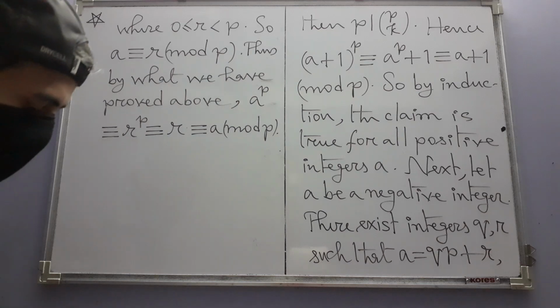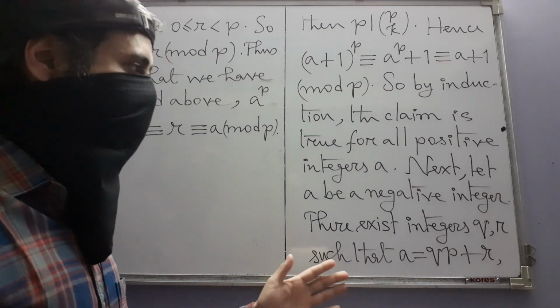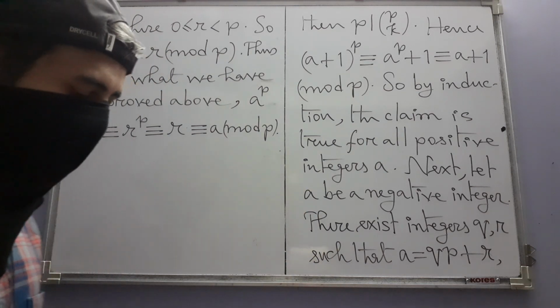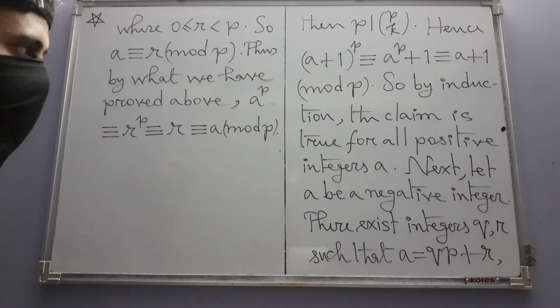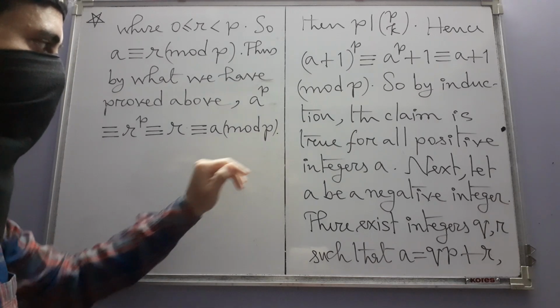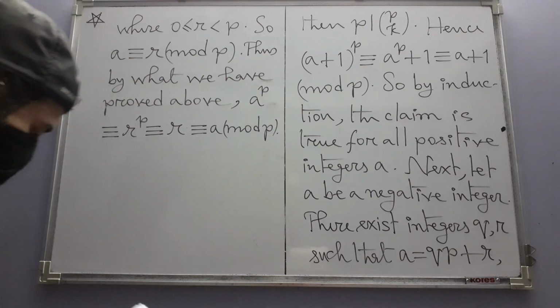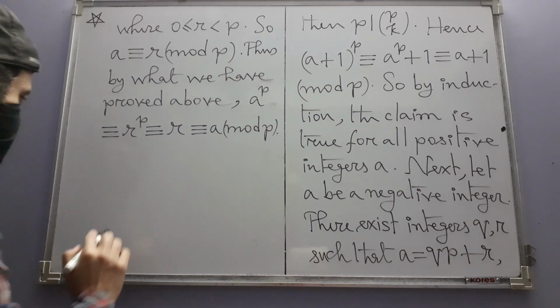Okay, so these are Fermat's theorem and its corollary. Now let us see how we can use this theorem, corollary, all these things to do some calculations quickly. Suppose we have something like this.